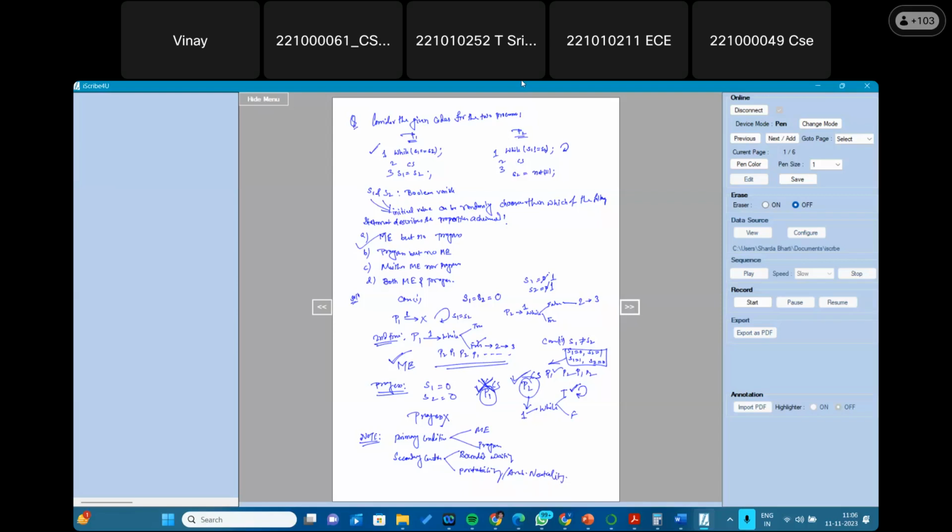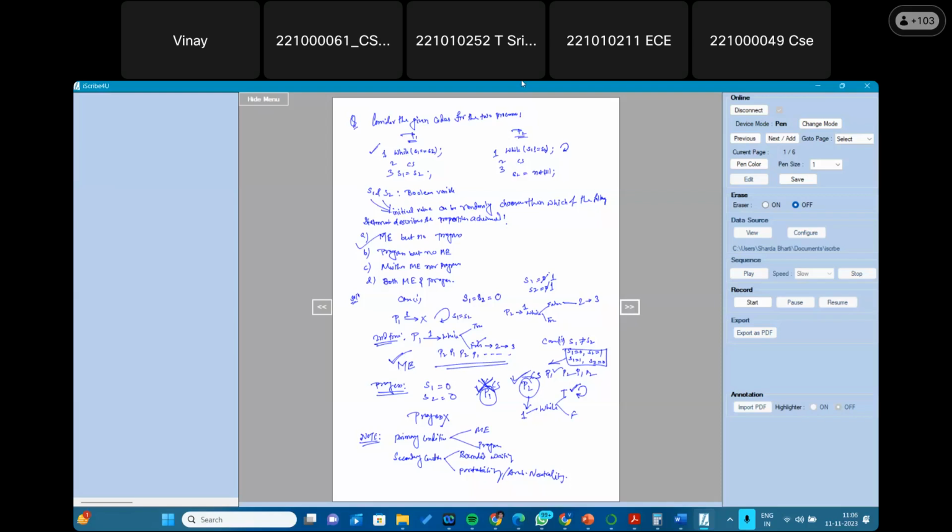Okay. So based on some textbook, I have written this statement. So this is all about algorithm 1.